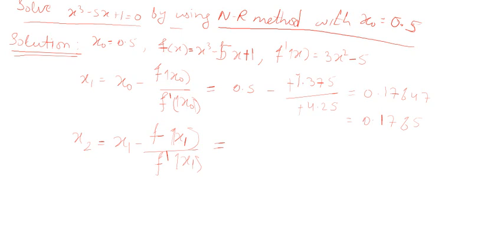If x1 is 0.1765, and you calculate f of x1 and f dash of x1 using the calculator and substitute, what you will get is 0.2016. And similarly, if you obtain x3, up to 4 decimal places, that will be 0.2016. So you can stop when you're doing manually and you are matching up to 4 decimal places.